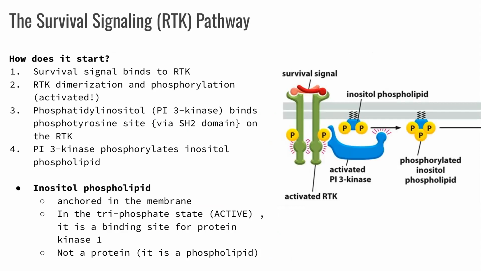The survival signal will bind to an RTK receptor, and then of course dimerization happens, cross-phosphorylation, and then the creation of the phosphotyrosine binding pocket, and this causes PI3 kinase to bind to the phosphotyrosine, which then activates the PI3 kinase, and then this kinase phosphorylates an inositol phospholipid.